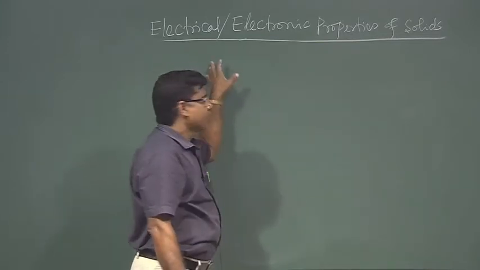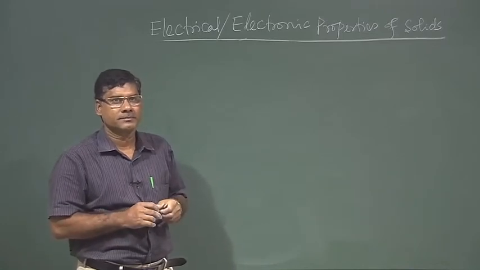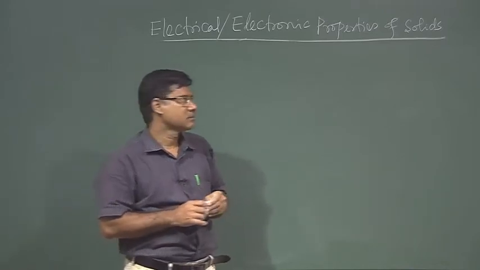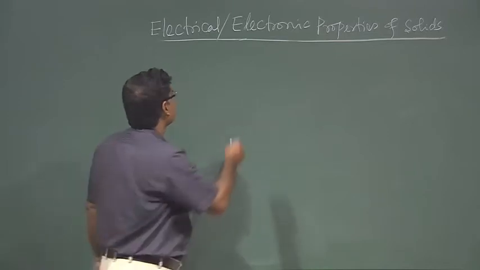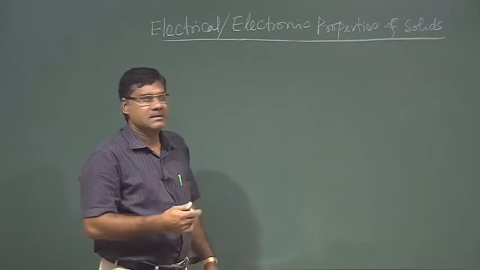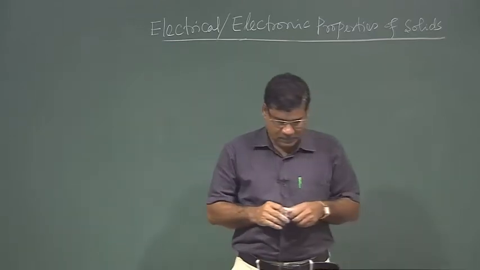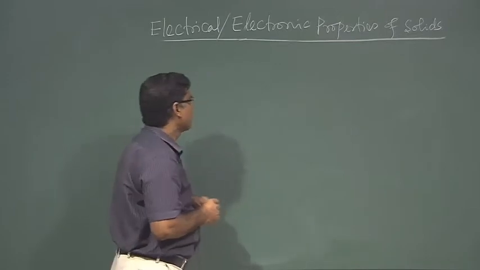So, already we have mentioned earlier the metallic bond in case of metal. Basically alkali metal is the ideal example.